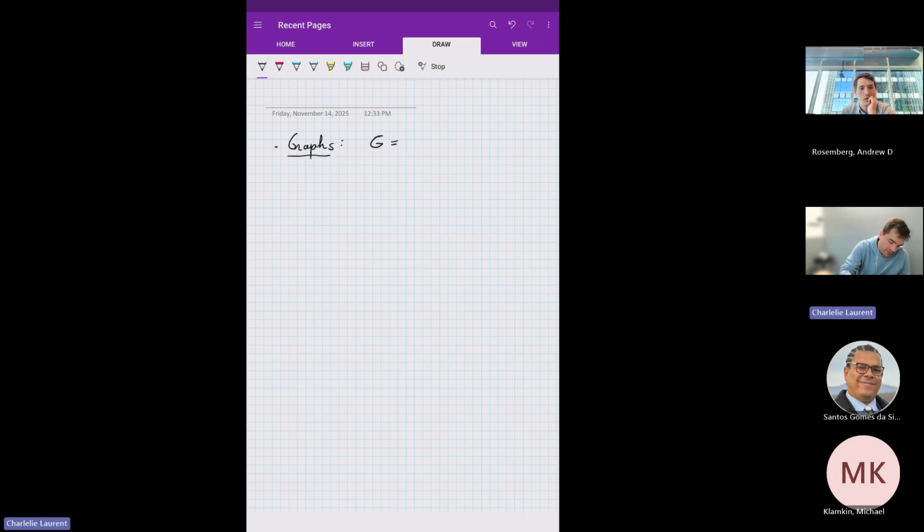A graph G is a set of vertices, which we sometimes also call nodes, and edges. Those are the edges, so basically the connectivity of the graph.